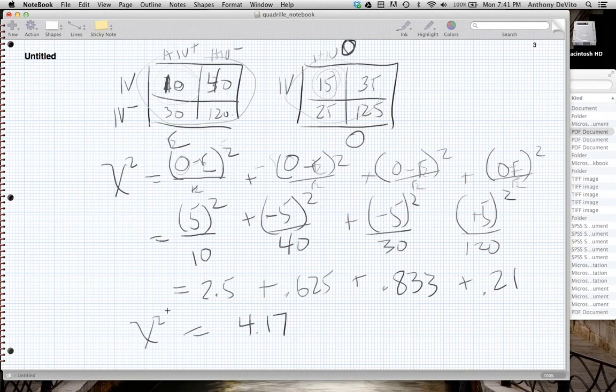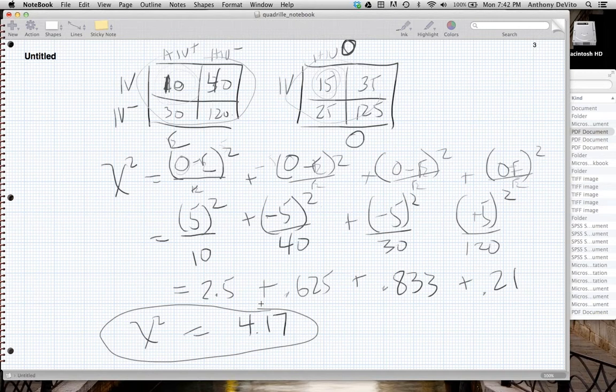If there's a big difference between my observed and my expected values, would I expect this number to be bigger or smaller? The bigger the difference between the two tables, the bigger that number is going to be, because it's based on the differences between each cell in the two contingency tables, right? So now we have to figure out what a chi-square of 4.17 means.